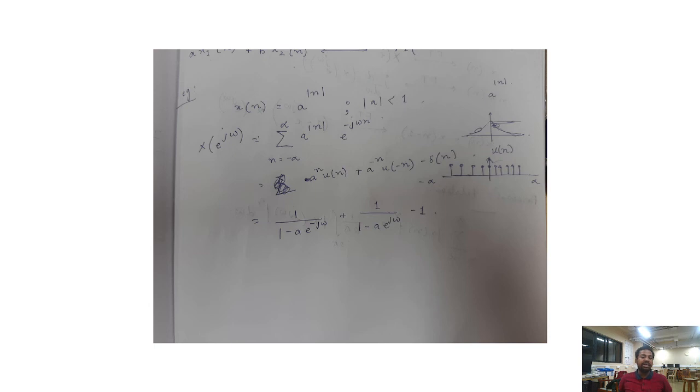But when we write a to the power of mod n in this form, the problem that we encounter is that we consider the value of n equal to 0 two times. How? In the first term, a to the power of n u of n, we have considered the values from n equal to 0 to infinity. Again, in a to the power of minus n u of minus n, we have considered the values from minus infinity till n equal to 0.